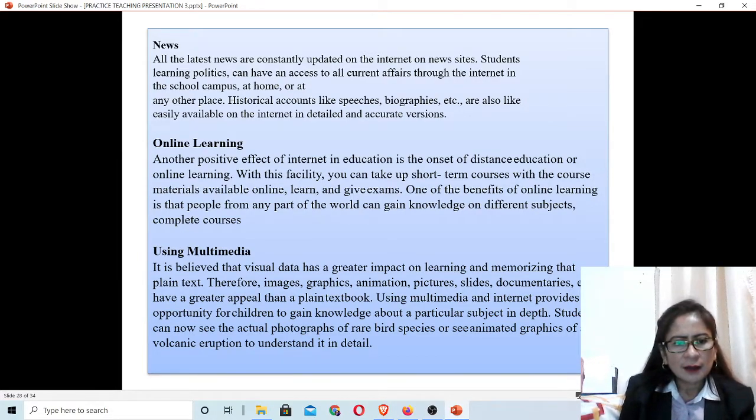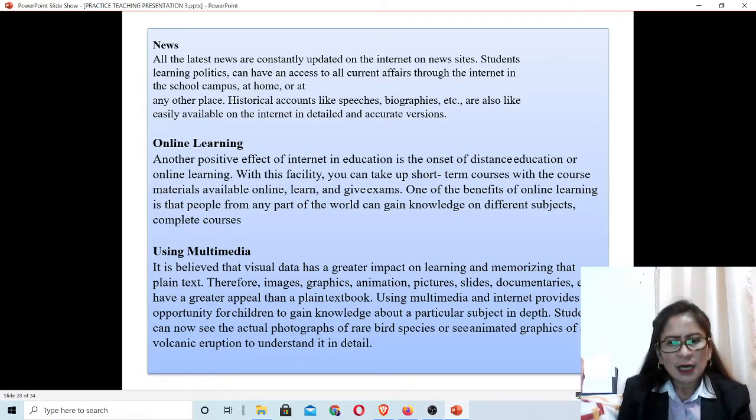Using media, it is believed that visual data has a greater impact on learning and memory than plain text. Therefore, images, graphics, animation, pictures, slides, and documentaries have a greater appeal than a plain textbook.